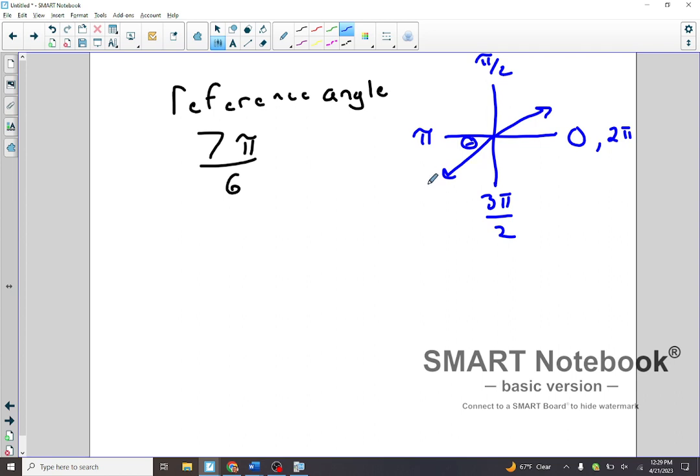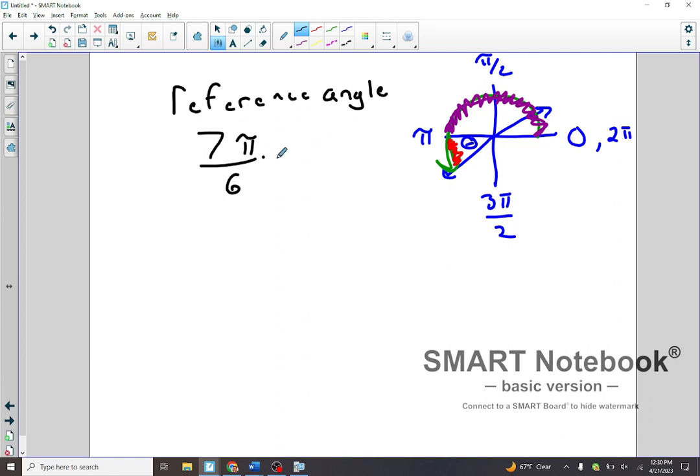What occurs in this situation is that I want to figure out what this part of the angle is. Technically, I'm going all the way, the long way around, so I just want this piece. More than 180, so what I'm going to do is subtract this part in purple over here.